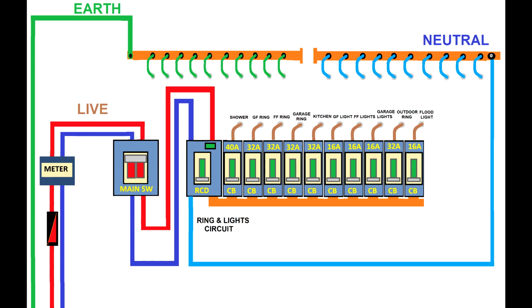You can see in this picture, when you turn on the RCD, the entire bus bar underneath the circuit breakers becomes live. However, the circuits are not live because the circuit breakers are off.